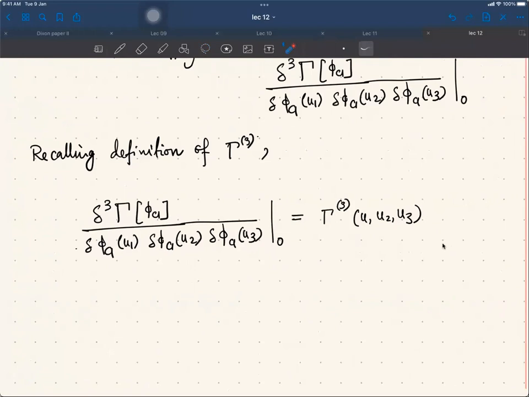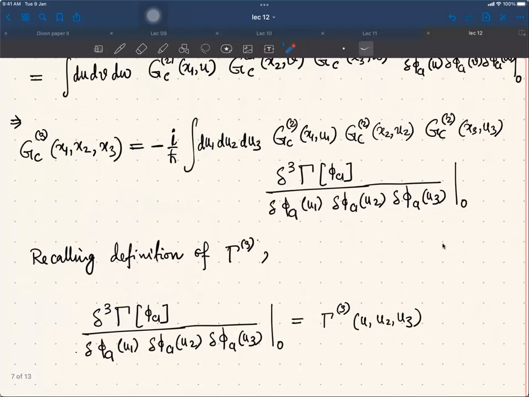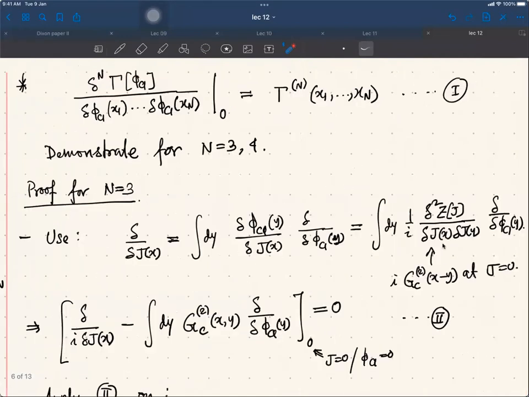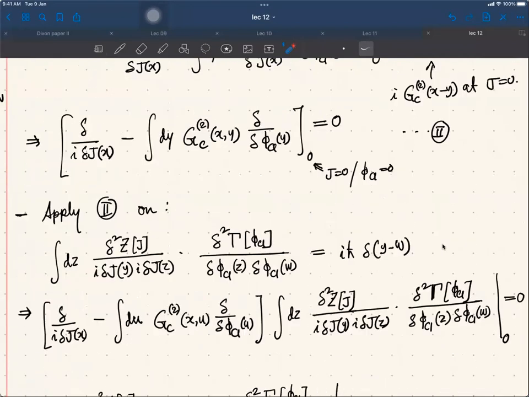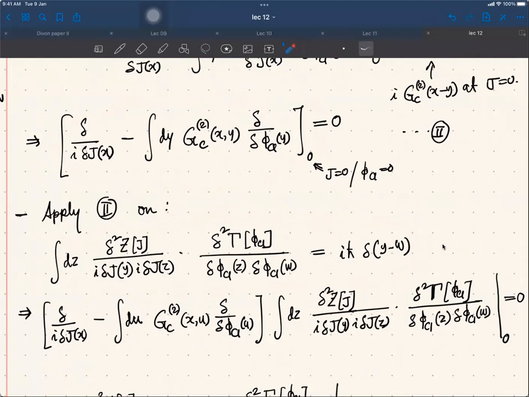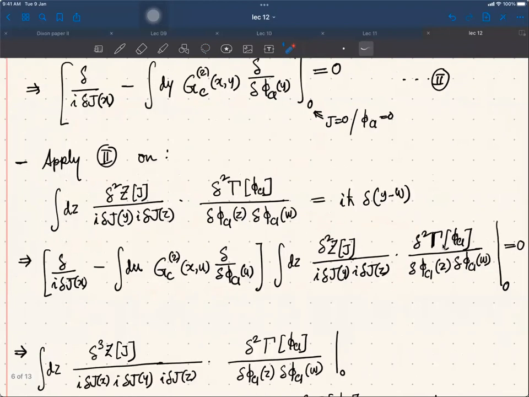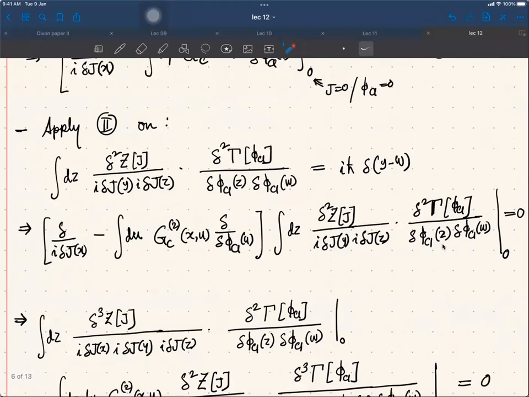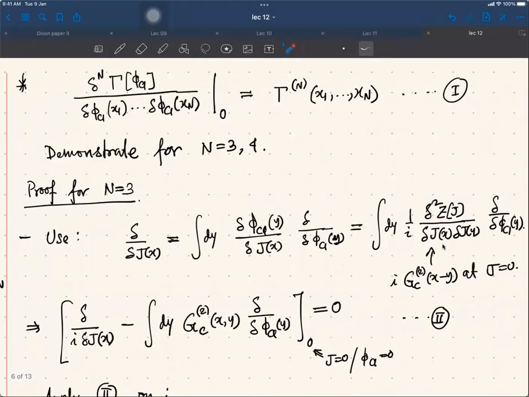So for n equal to 3, you are using the n equal to 2 result, and you already did that. That is how we applied this operator on the n equal to 2 result. That is how we got n equal to 3. But the n equal to 2 result is qualitatively different from the n equal to 3 result.